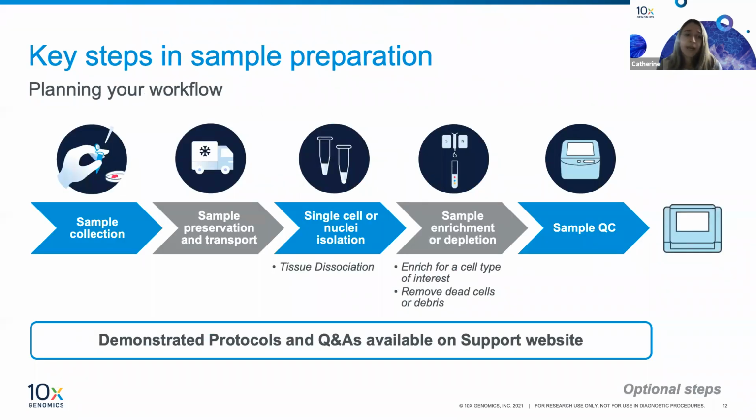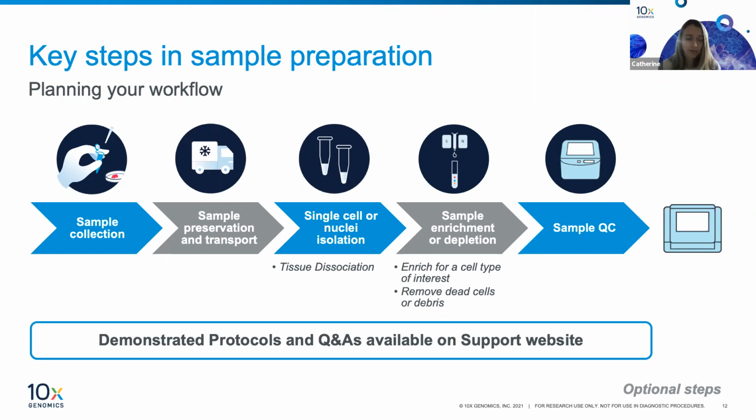So here we're looking at the key workflow steps in sample preparation. We have sample collection, sample preservation and transport if required. We then have to take that sample and generate a single cell or nuclei suspension. This may involve a tissue dissociation step. We may need to enrich or deplete a certain population of our cells.